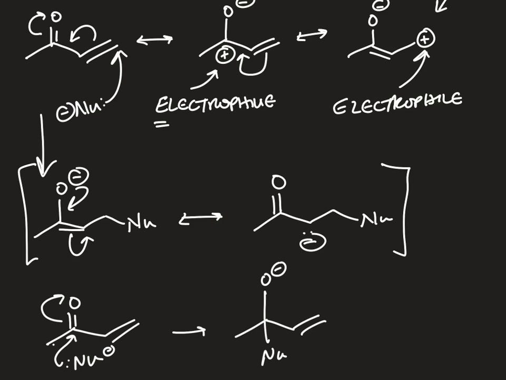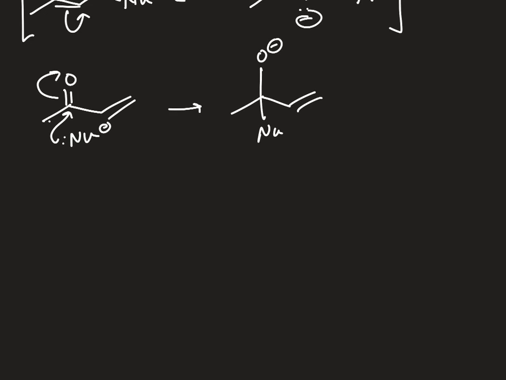The combination of the resonance of the initial alpha-beta unsaturated ketone as well as the resonance of the intermediate is what really drives this reaction. If I had just an alkene, so no carbonyl, and I had the same nucleophile, whatever it might be, it is not going to attack that alkene in most cases, because that alkene is not what we call activated like it is with the carbonyl present and the corresponding resonance structures.